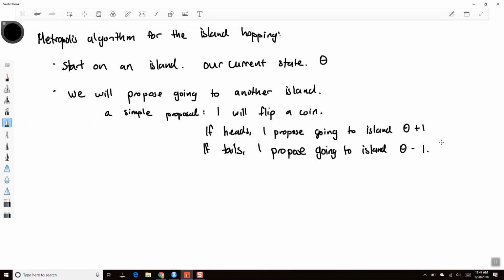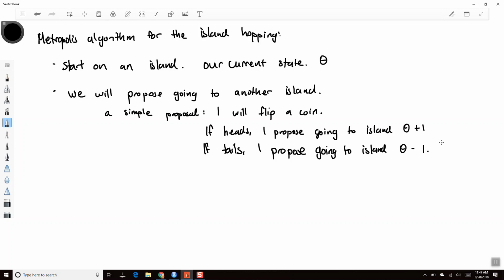Okay, and then if we're on one of the end islands, like the biggest island is island 7, and there's no island 8. Okay, so if I'm on island 7 and I flip heads, then what we'll do is we'll pretend like I'm proposing going to island 8 that just doesn't exist. Okay, and if I get tails, I would propose going to island 6. If I'm on island 1 and I get heads, I'll propose going to island 2.